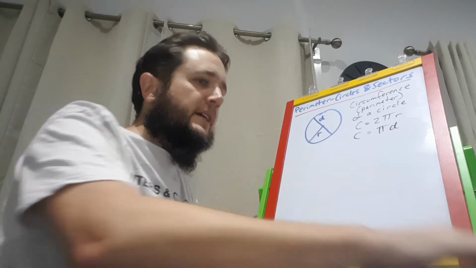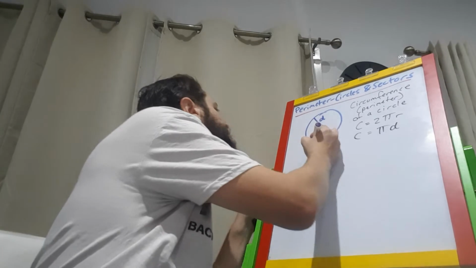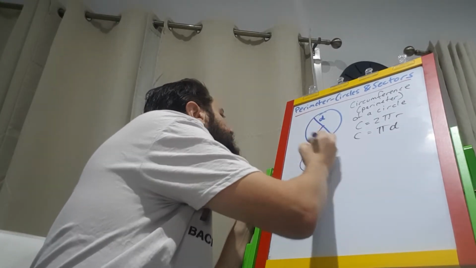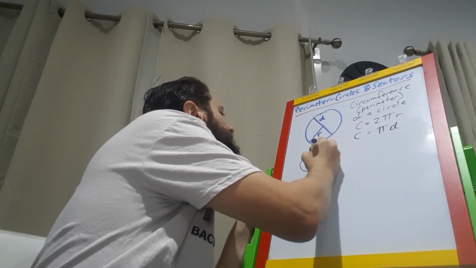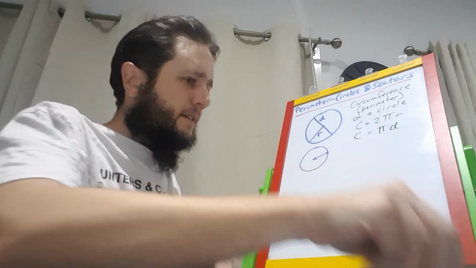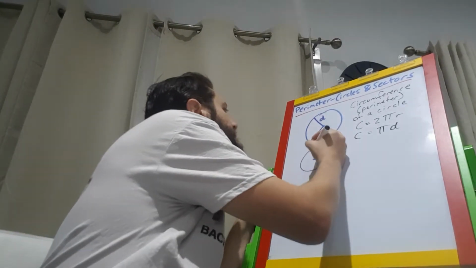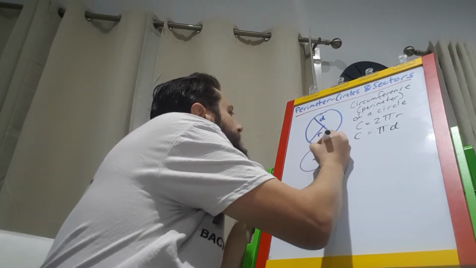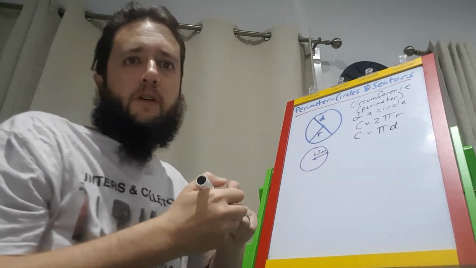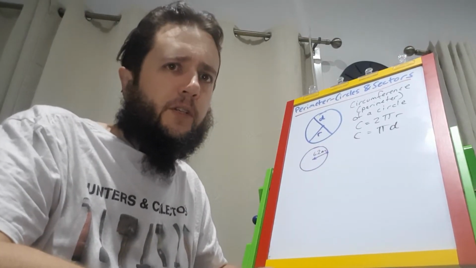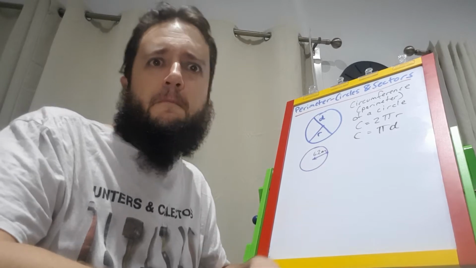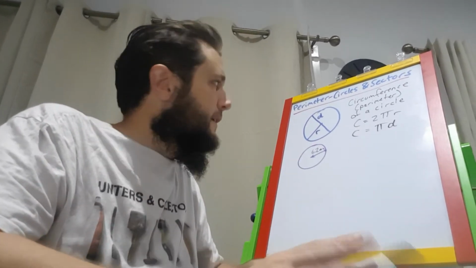So a quick example of that. Let's say we had a circle here. Distance there. Let's say it said 6.2 meters. Very big circle. I don't know what on earth you're going to do with it. Play some game. That's cool.